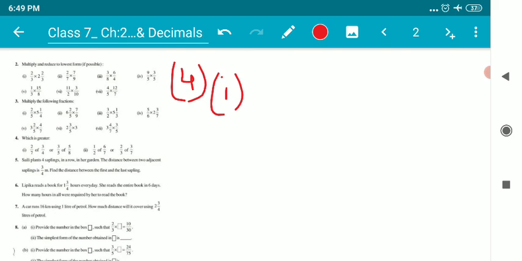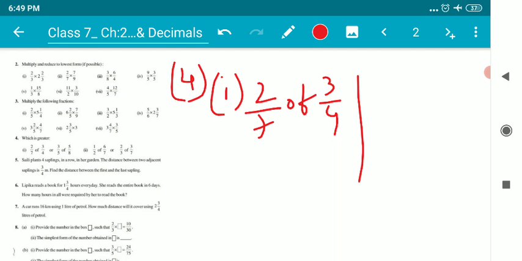We need to compare 2 by 7 of 3 by 4 and 3 by 5 of 5 by 8. Children, out of these two set of numbers, which one is greater?